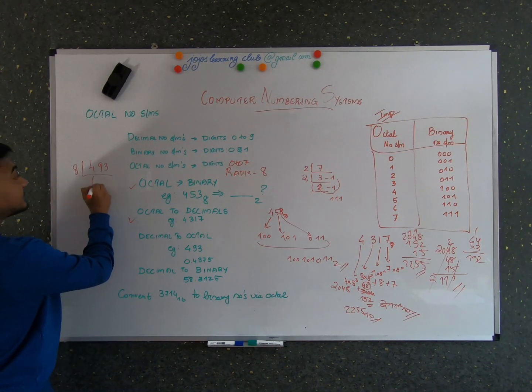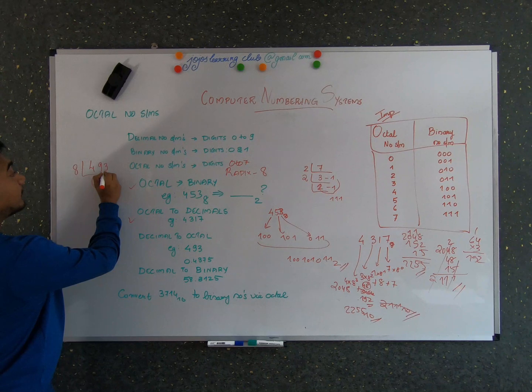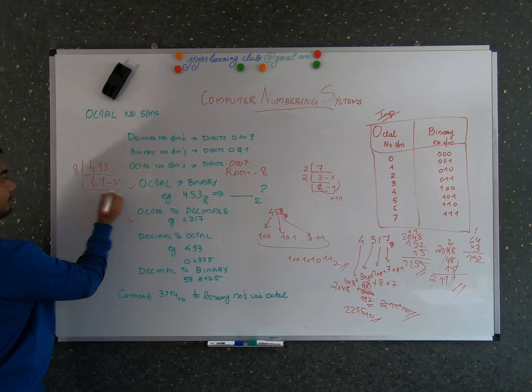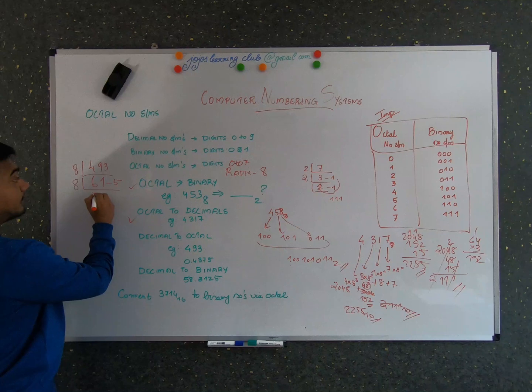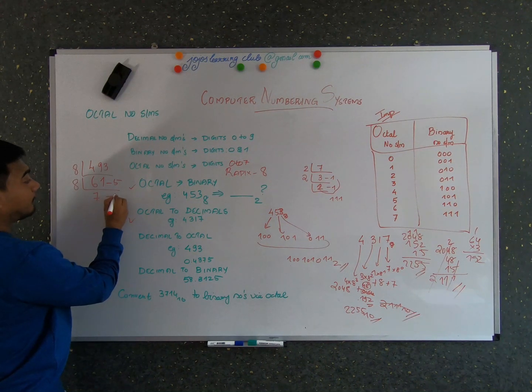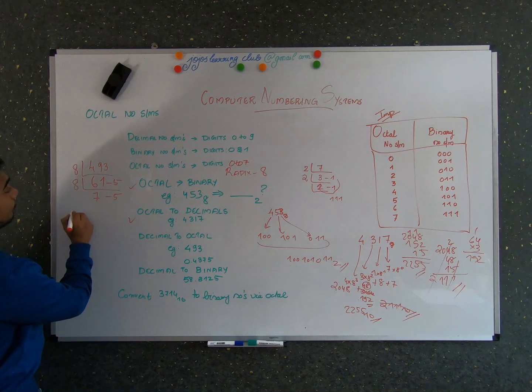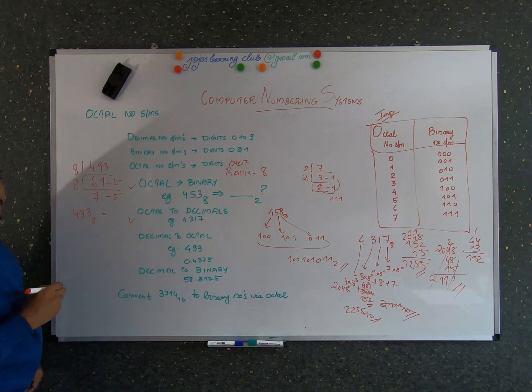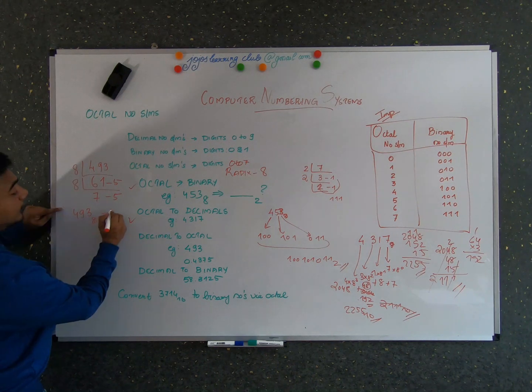8 6s are 48, and you have the remainder 5, and you have the quotient 61. 8 7s are 56, and you have remainder 5. So 493 to the base of 10 you can convert into an octal number.